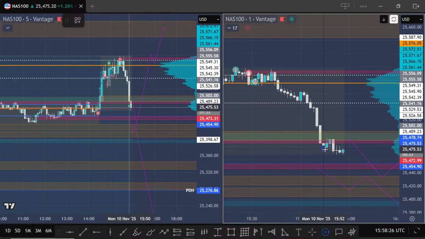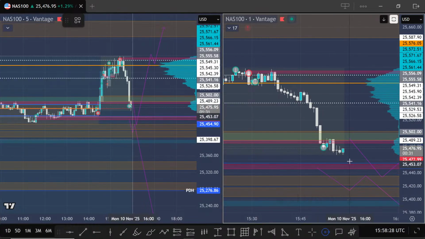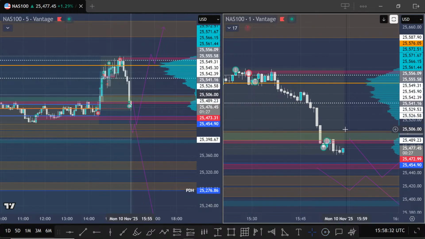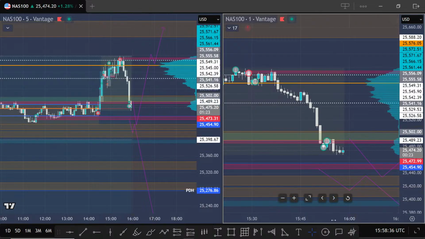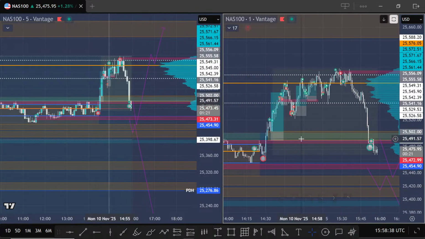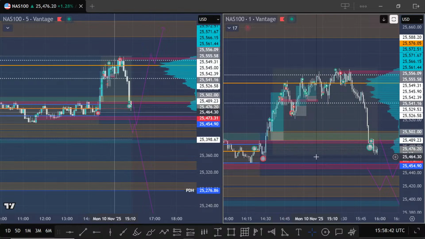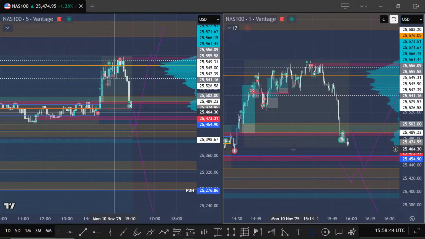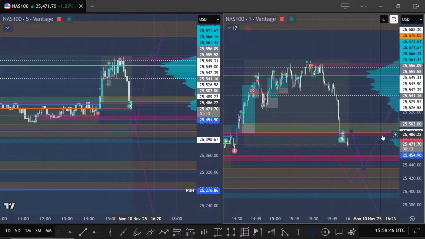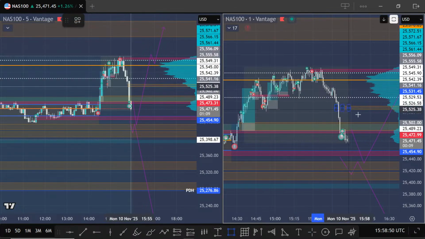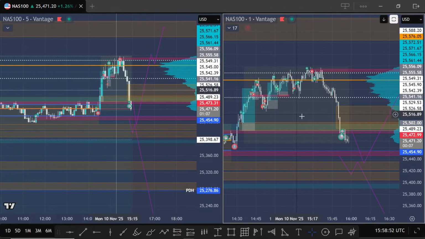So we've got big buys there, big buys there. Back inside our initial balance. Created a big wodge of low volume.